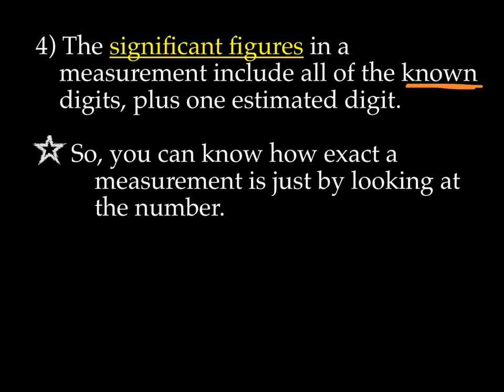For example, in our first measurement, we knew the 6, plus one estimated digit. Again, in our first measurement, we estimated the 2. So using significant digits, you can know how exact a measurement is just by looking at the number written down. If you're still confused, please don't worry about it. We've got more examples to come.